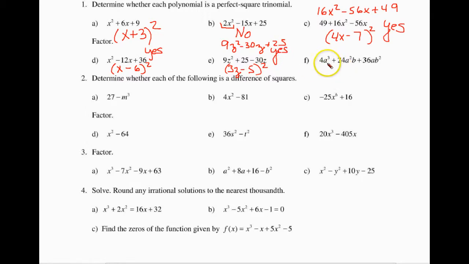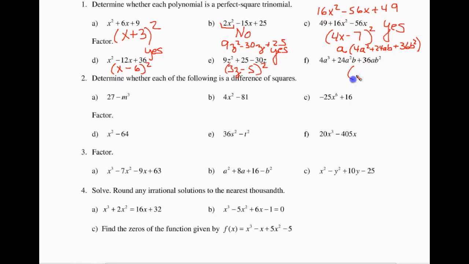And this one, you need to factor out the a first. So we factor out the a, and then we get 4a squared plus 24ab plus 36b squared.